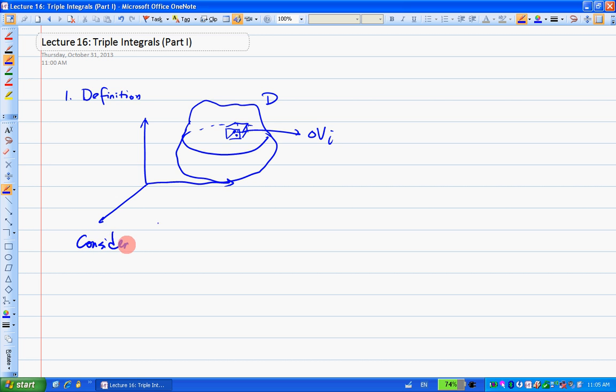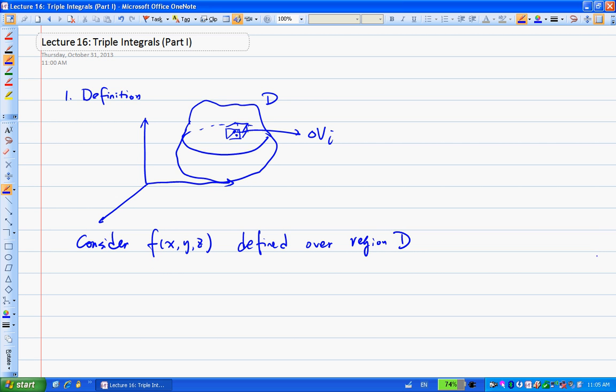Suppose I have an application of this, and I consider a function f(x, y, z), which is defined over this region D. Defined basically means you take any point from this region D and plug it into this function, and you get a certain value.